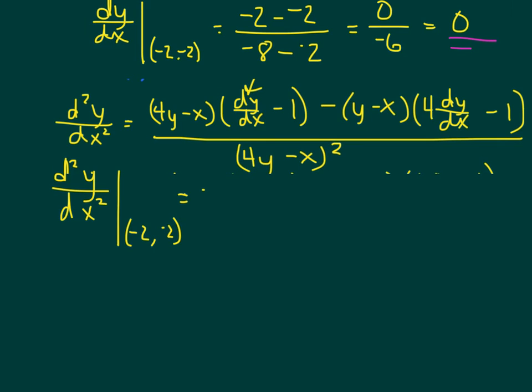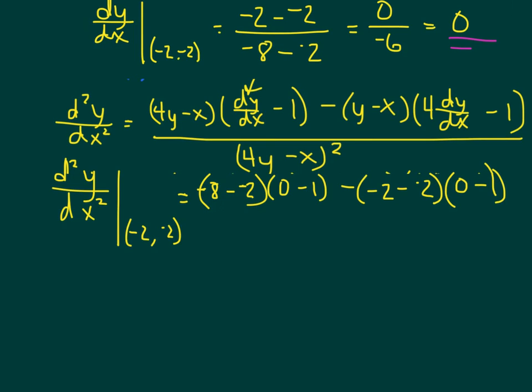We get negative 8 minus negative 2 times 0 minus 1 minus negative 2 minus negative 2. 4 times 0 would be 0 minus 1. All over 4 times negative 2 is negative 8 minus negative 2 squared.